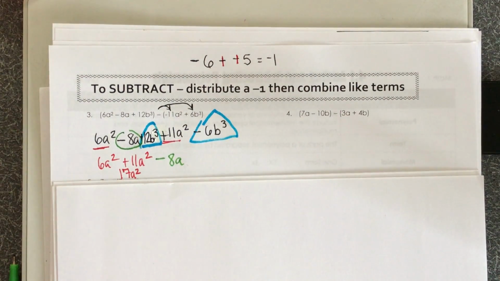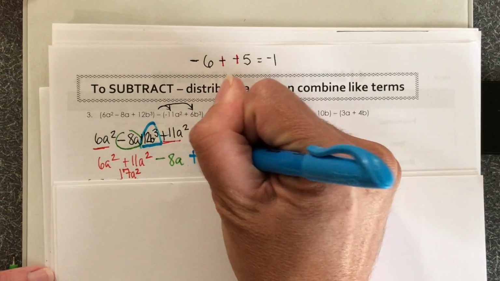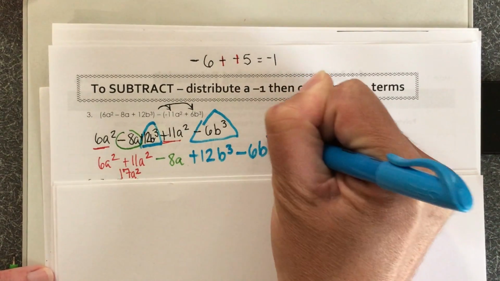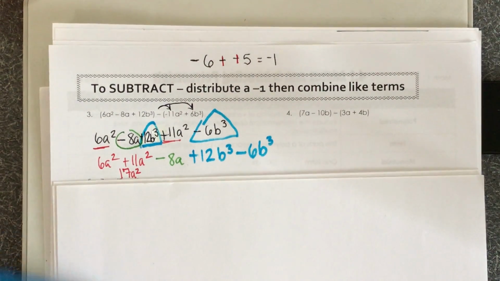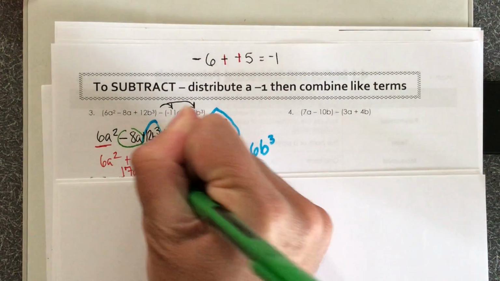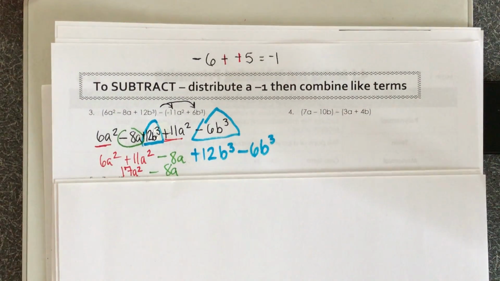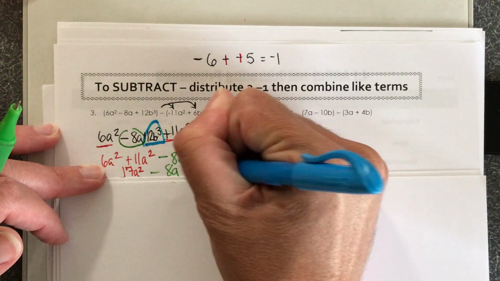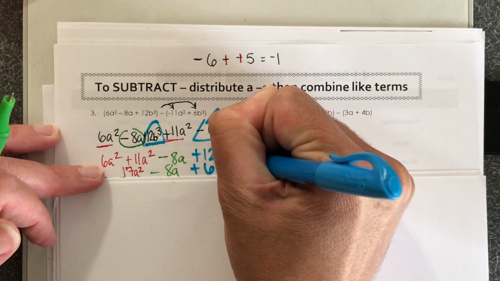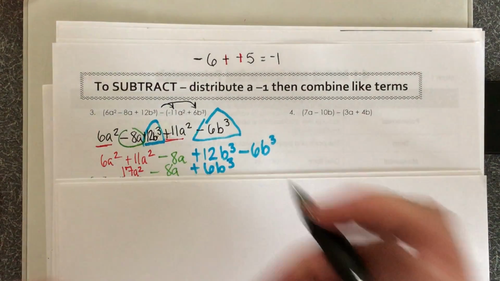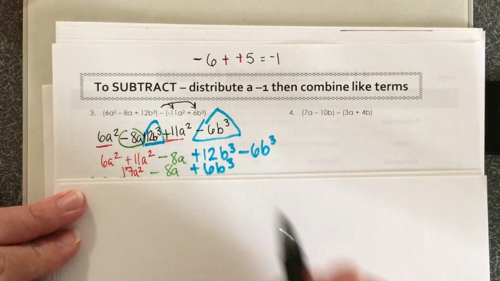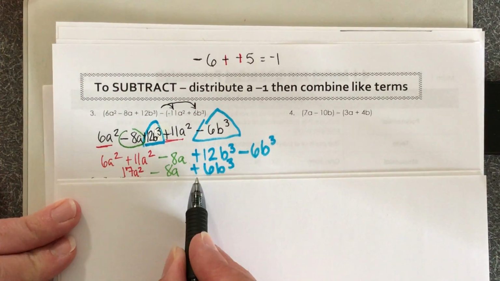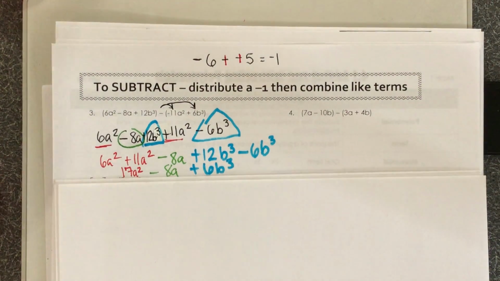Those are like terms. And so when I combine them, that's going to combine to a plus 6b cubed. So we have combined our like terms. Our final simplified answer is 17a squared minus 8a plus 6b to the third power.